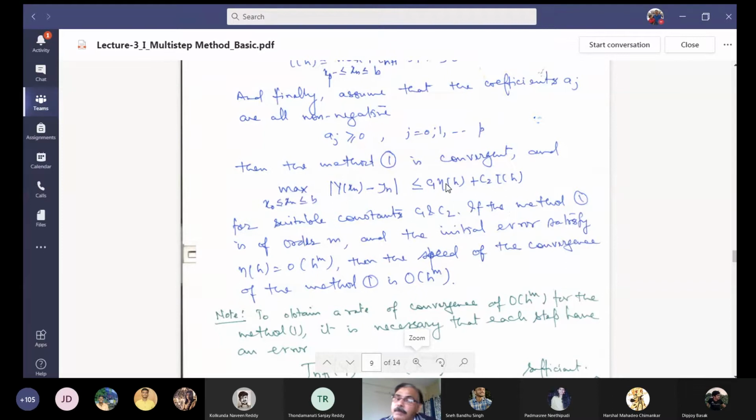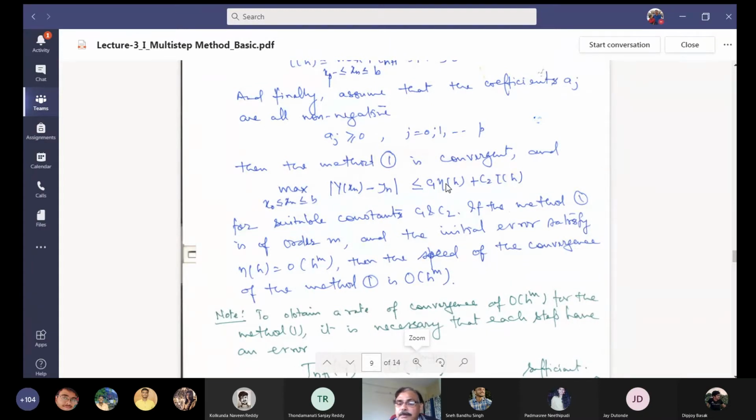But in fact, we can work with one less order, that is an order 1 method for the initial values, and the second order multi-step method which we have. With that, the final order will be second order. So a first order method for initial values and a second order multi-step method for your other values finally will give you a second order method for your total overall error.